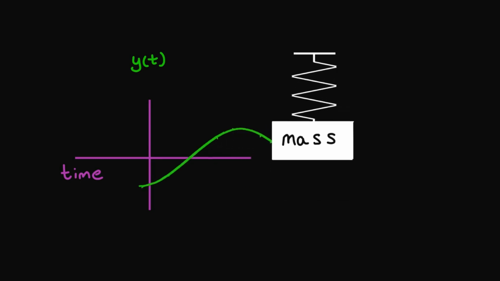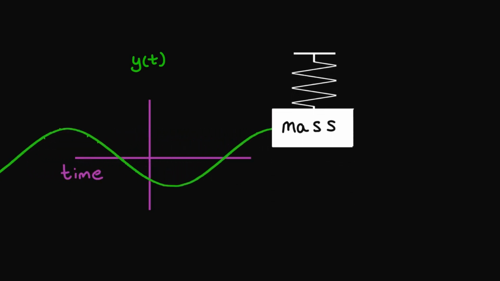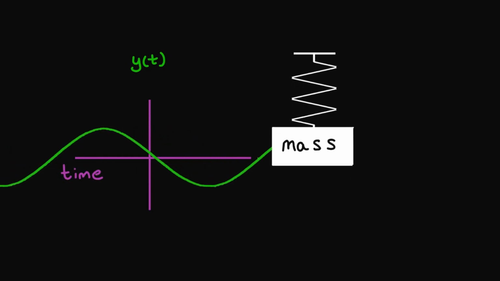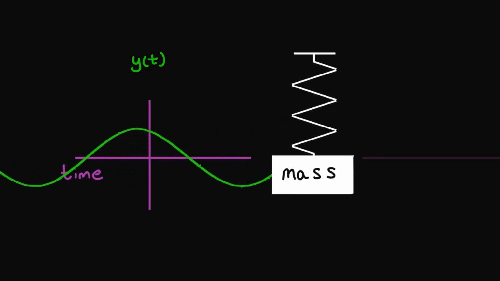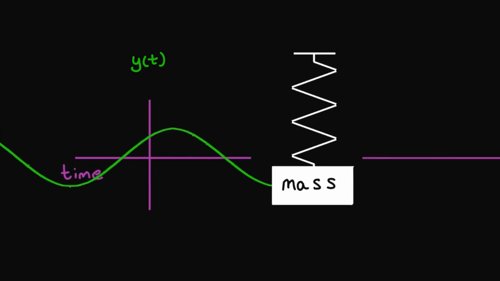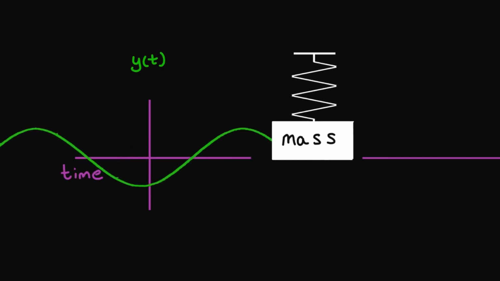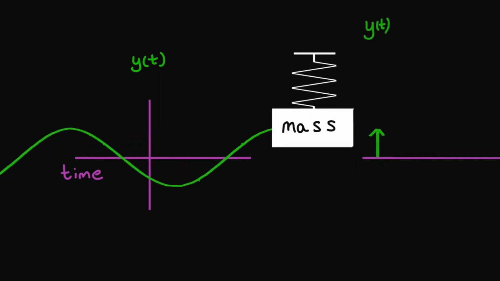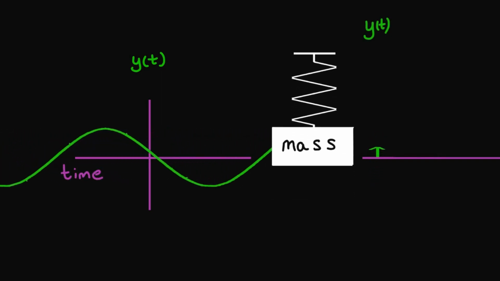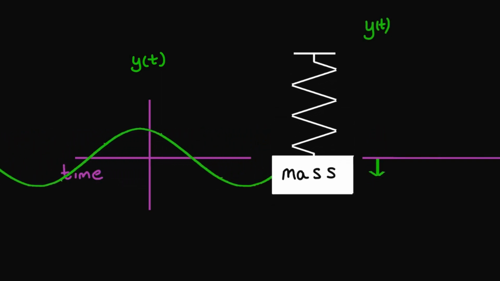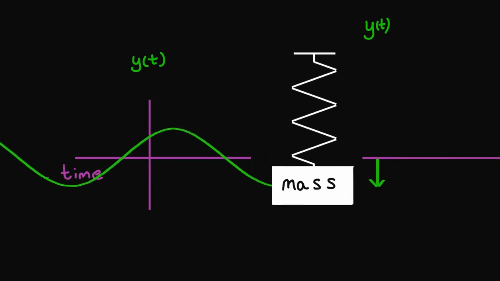And now we plot its height. We'll include another axis to the right, and we'll represent the height in another way. Now we have the height of the block being represented by this arrow.